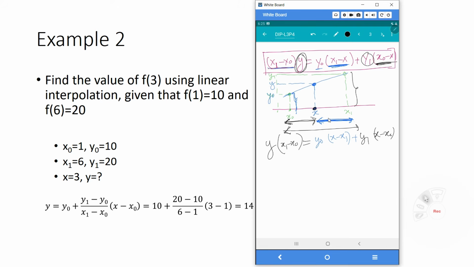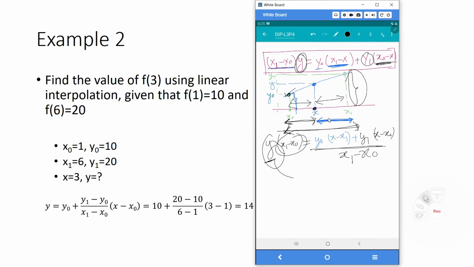So how can we then calculate the value of y? It is very simple. We had 2 points. We take the y0 and multiply it by this distance, then we take the value of y1 and multiply it by this distance. Then we divide this whole thing by the distance between the given points, that is x1 minus x0.